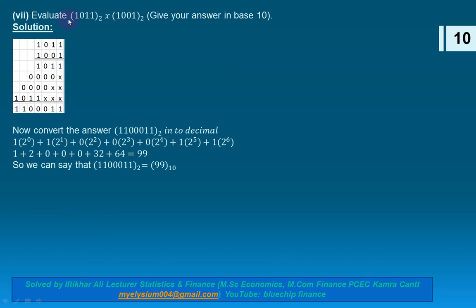Question number 7. Evaluate 1011 multiplied by 1001 binary. Give your answer in base 10.